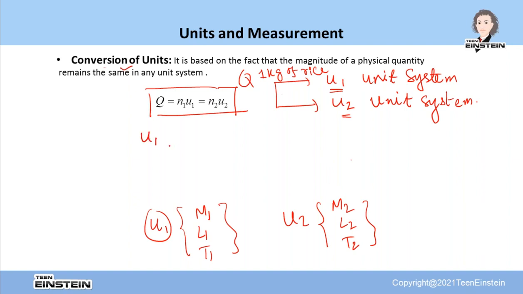So I'll write U1 is equal to M1 to the power A. This power is the dimension. Power is the dimension, and then you must be writing it inside a square bracket.